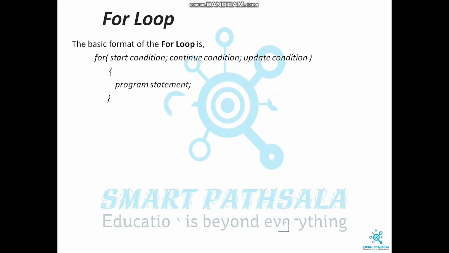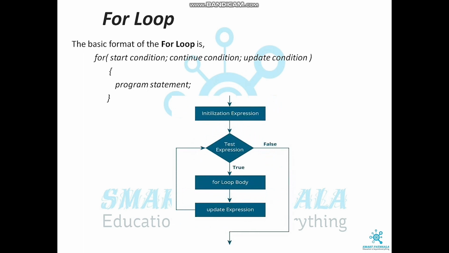Now here in the flow diagram you can see that after the initialization, the test expression is first evaluated. If the test expression is false, the loop will not execute and it will pass on to the next statement.